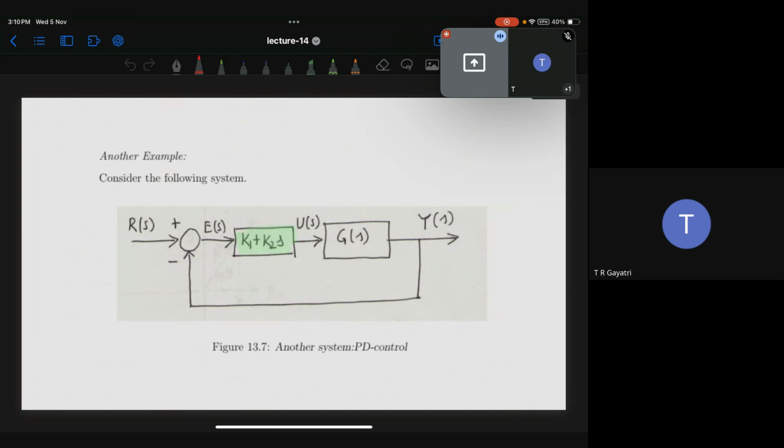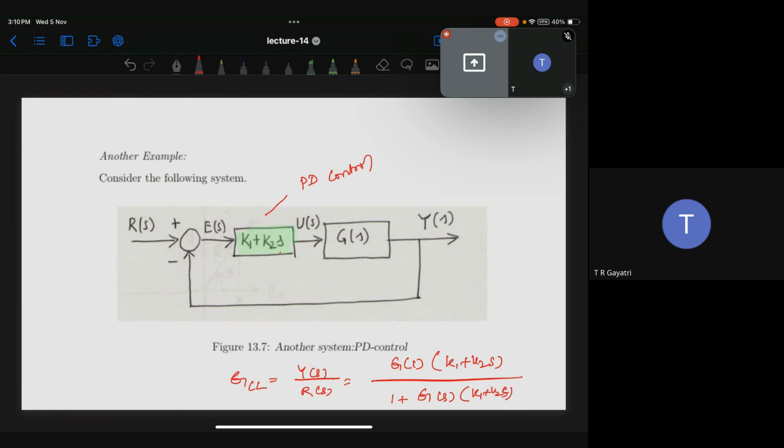Now let us say you take the PD controller. Again you find the closed loop transfer function Y(s) by R(s). How do you find that? G(s) multiplied by (k1 plus k2 s), divided by 1 plus G(s) multiplied by (k1 plus k2 s), with H equal to 1.